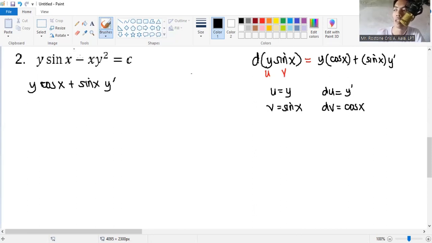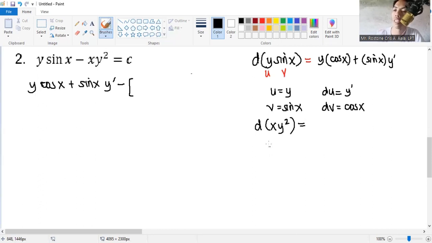Now, let us have the derivative naman ng xy squared. So may negative ito sa labas. Ilalabas muna natin yung negative and we will plug in here the derivative of xy squared. So, the derivative of xy squared, pwede natin itong gamitan ulit ng or gamitan din ng product rule.